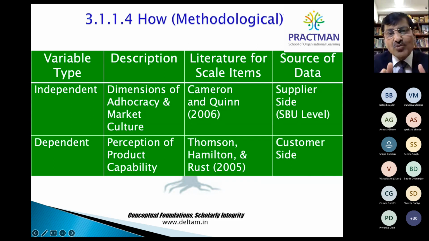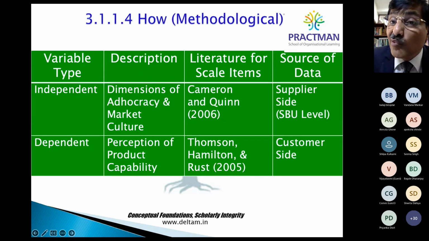All these things you as a part of your PhD coursework will get covered in methods of data collection and all that. From where will I get the scale items? And what kind of source will be required for that data? Data about what kind of culture a company has got.